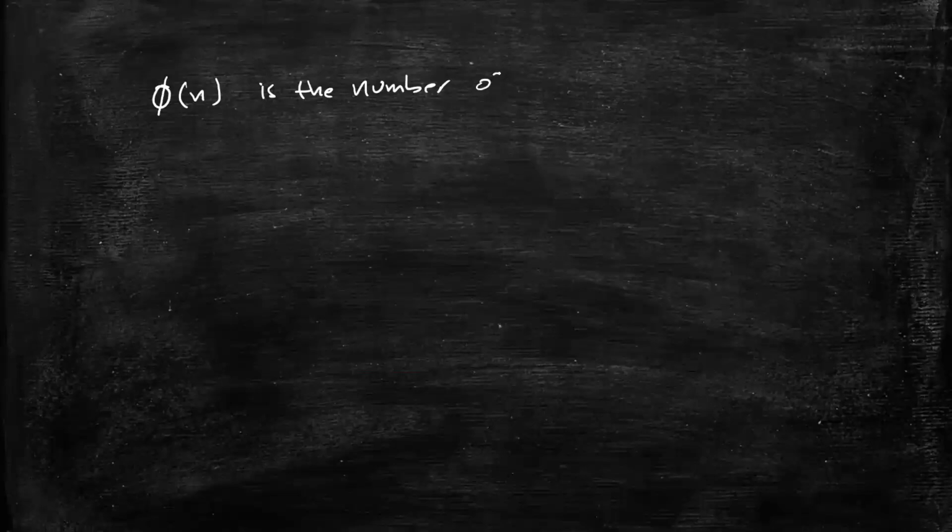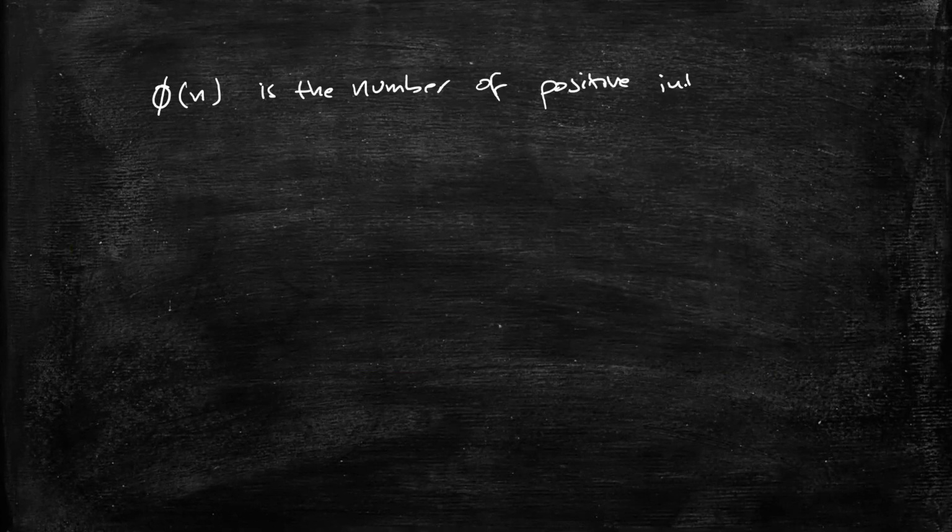So we can define Euler's Totient function with the letter phi of n as the number of positive integers less than n and relatively prime to n.